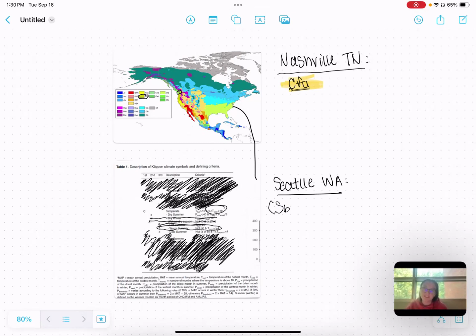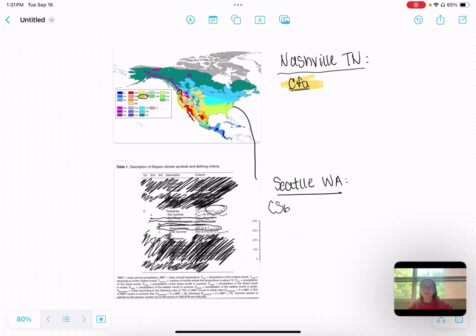So for example, Nashville, Tennessee, it's a lot warmer. We have no dry season. So that allows us to maybe grow crops during the winter, which we do in the southeast. And it's a warm summer. So that allows us to accumulate growing degree days faster, maybe than in Iowa.